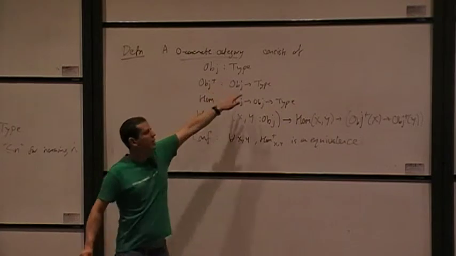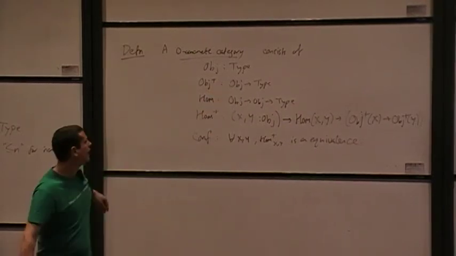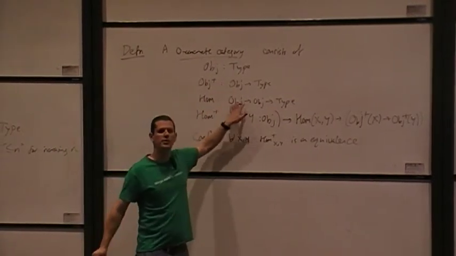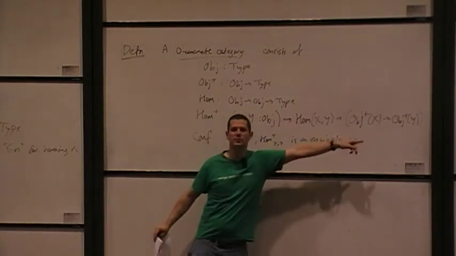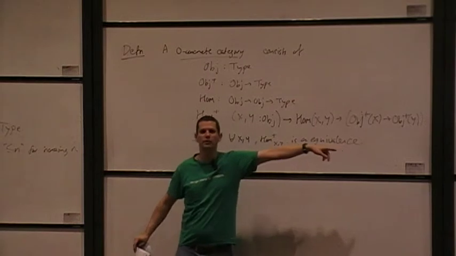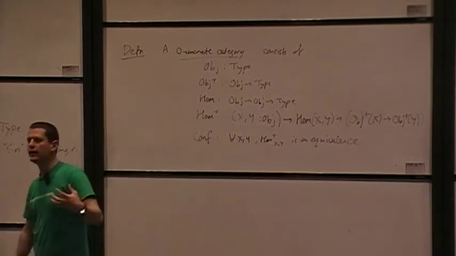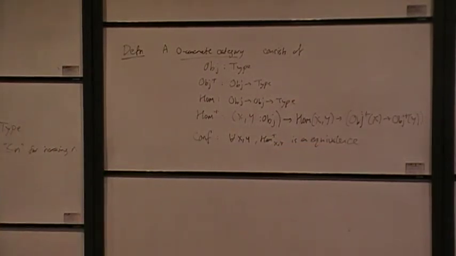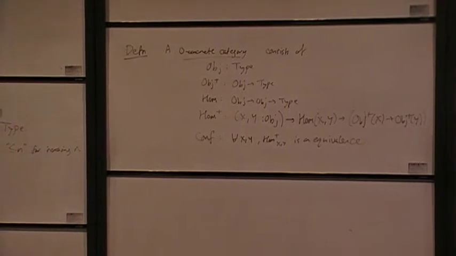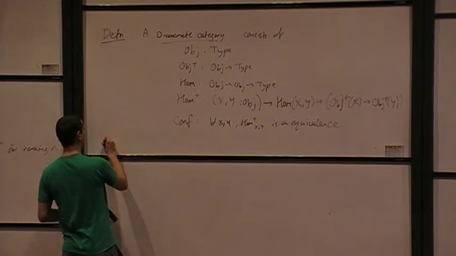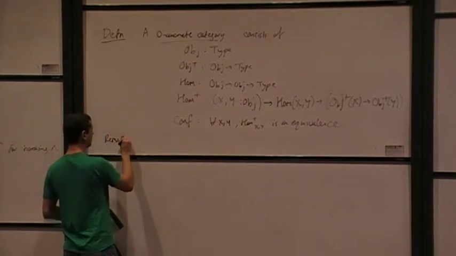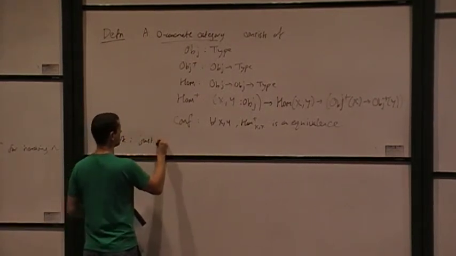I've got a map from those objects to type, and then I tell you about some hom types, but I needn't have bothered because they're the same as the maps between the representing objects. So this really is just a kind of indirect way of defining a full subcategory of type. So, remark, just a full subcategory of type.